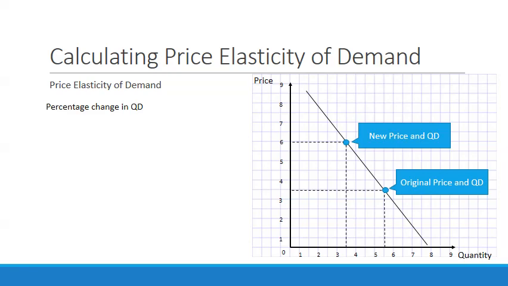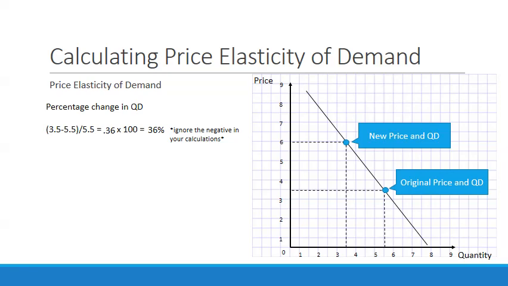The first thing we'll do is calculate the percentage change in quantity demanded. We'll take 3.5 minus 5.5 and divide that by 5.5. Remember, these are our quantities down at the bottom. When we do that, we get 0.36. We multiply that times 100 and we get 36%. So ignore the negative.